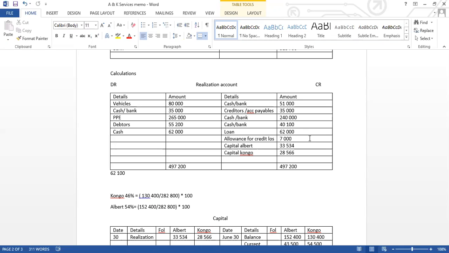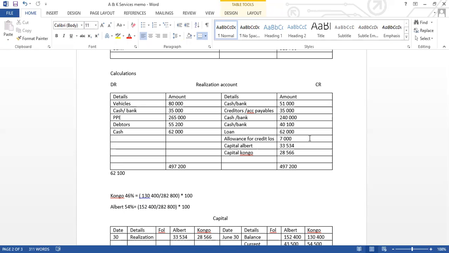And if we have drawings, we write the drawings off against the capital account, where we credit the drawings and we debit the capital account with the drawings amount. Okay, that was step 1. And step 2, we close the assets to the realization account, where the assets are debited and the payments received are credited.